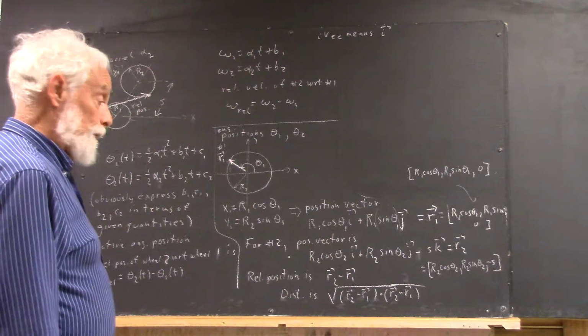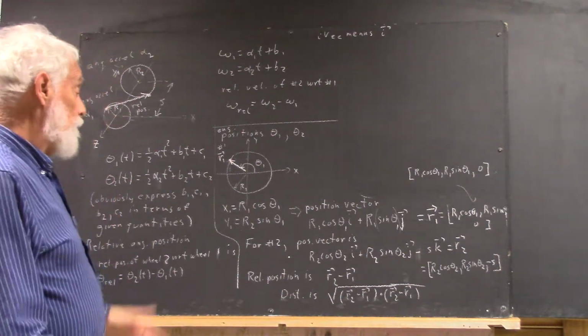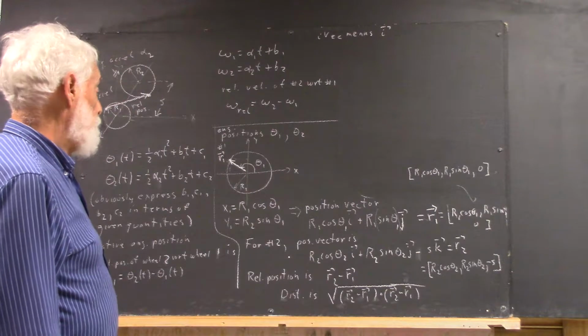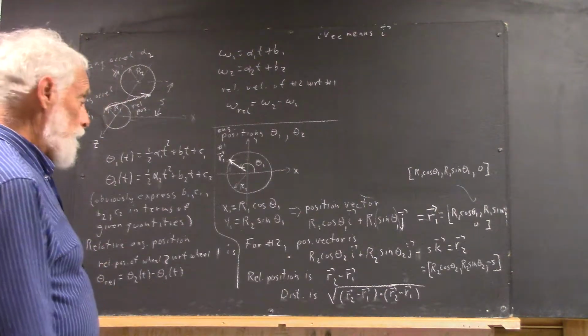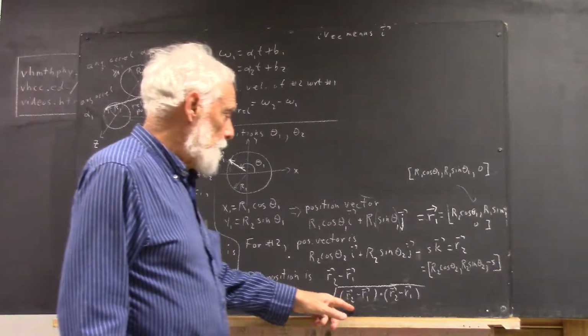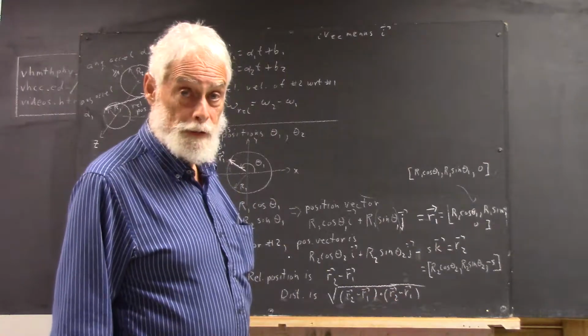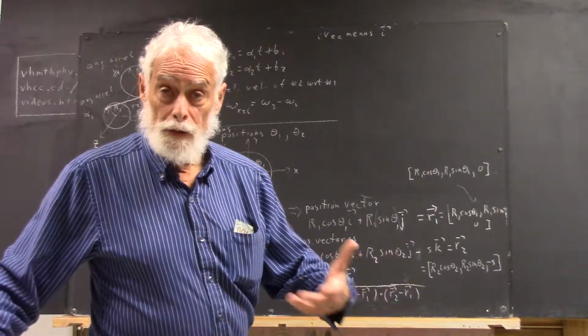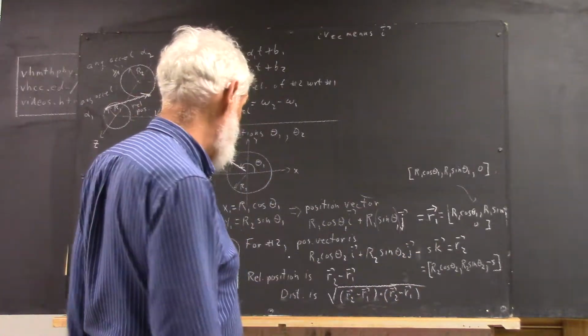What's the distance from here to here? Well, it's just the length of that vector. What's the length of that vector? It's the square root of the dot product of that vector with itself, by the definition of a length of a vector in Euclidean space.